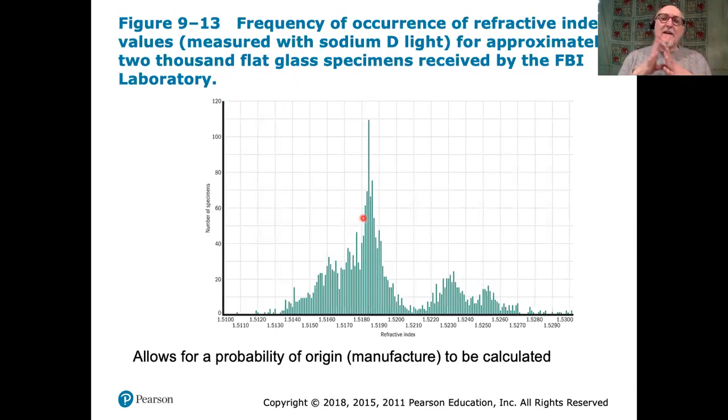Okay, so you'll realize that there are a limited number of characteristics to distinguish glass, but nonetheless, the FBI maintains a database, especially of densities of glass, and this is all shown here.